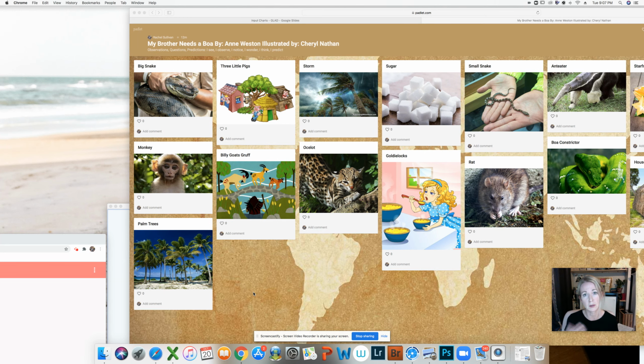You could post it on Canvas. There's a variety of ways that the kiddos can access the input chart to help support their academic language, both orally and in their written work. So let's get started.